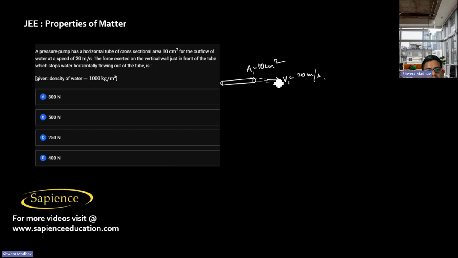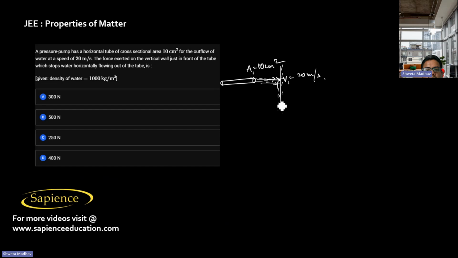The force exerted on the vertical wall just in front of the tube, which stops the water horizontally flowing out of the tube. So it will stop the water horizontally flowing out of the tube.